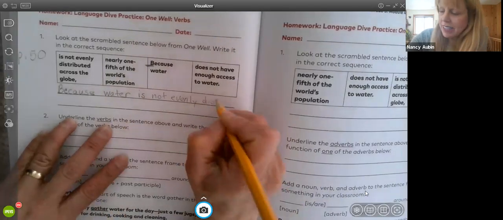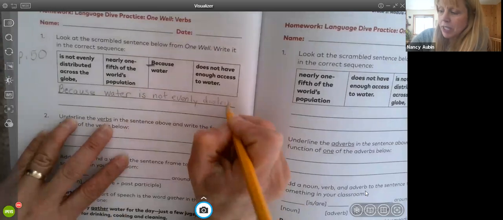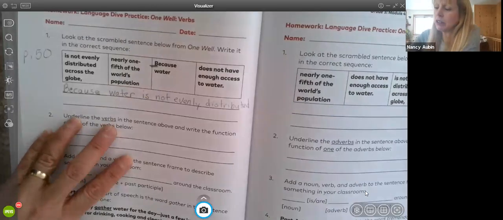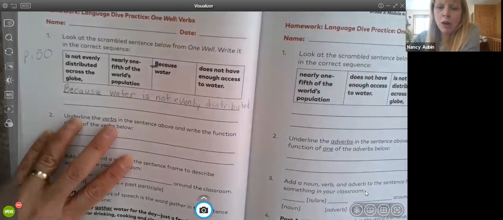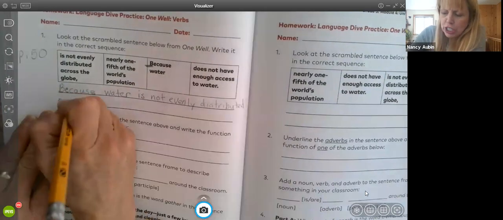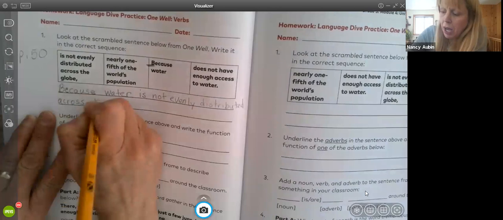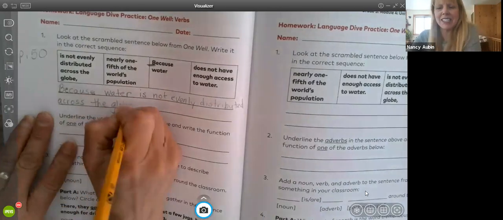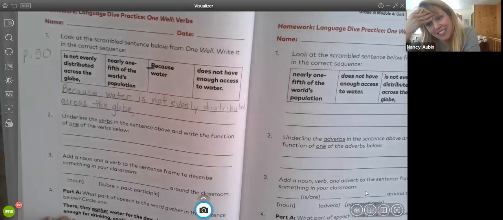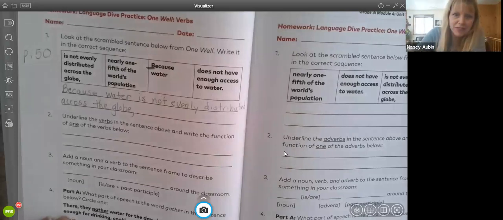We could have used that for our D, distributed. Like when someone distributes something, you pass it out, you give it out. Because water is not evenly distributed across the globe, comma. This is what kind of sentence? Is it compound or complex, Ellie? Complex. You're so smart. Yep.